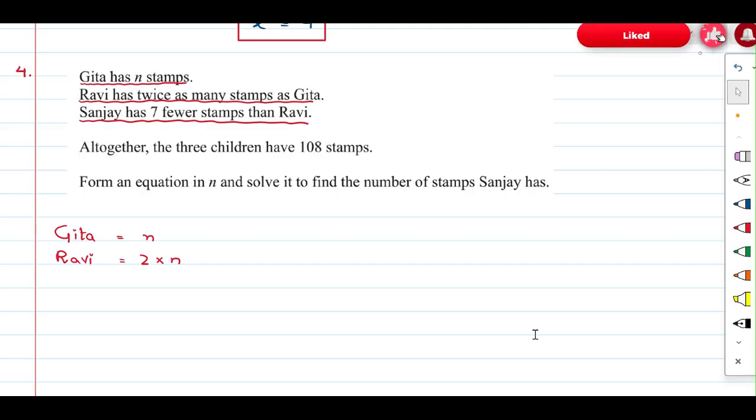Okay, so let me write down for Sanjay. Sanjay has 7 fewer stamps than Ravi. Ravi has 2 times n stamps, so minus 7. Altogether, the 3 children have 108 stamps.